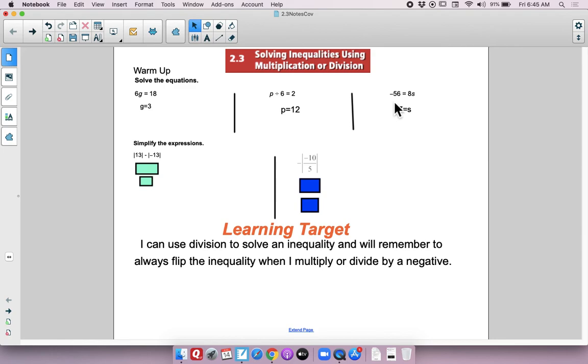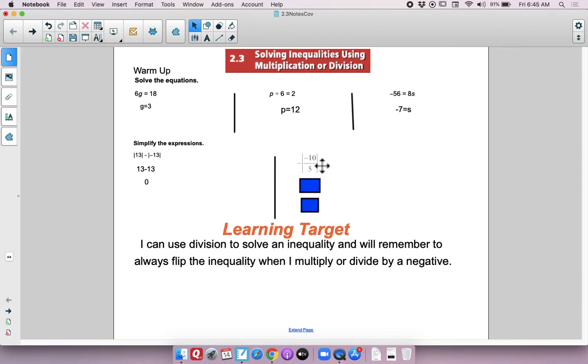Okay, here we're simplifying these expressions. Remember, grouping symbols include absolute values, so you'd want to take the absolute values first. So this would become 13, and then 13. So this becomes 13 minus 13, which you know is 0. And again, you would start with order of operations.